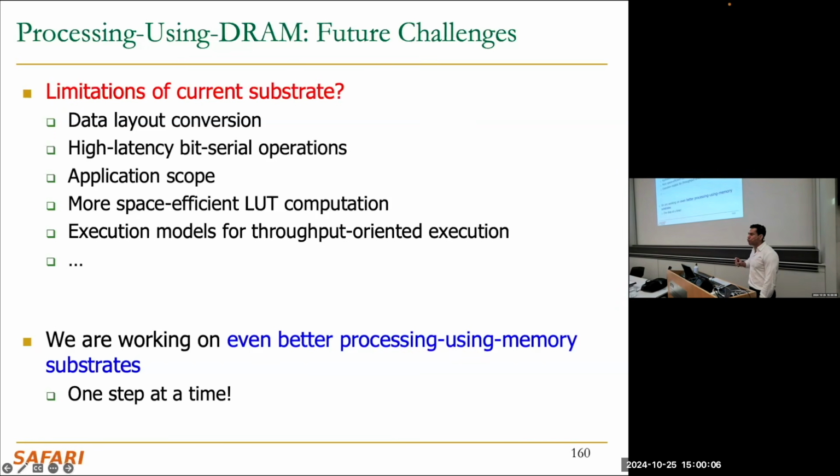So we need to move to a more throughput-oriented execution model so that we can fully utilize all of the DRAM subarrays, all of the banks, all of the chips, all of the modules. It scales really quickly, right, if you fully want to use the hardware for computation. We are working on this and we can improve those one step at a time, especially if you have to do a PhD thesis on the topic.